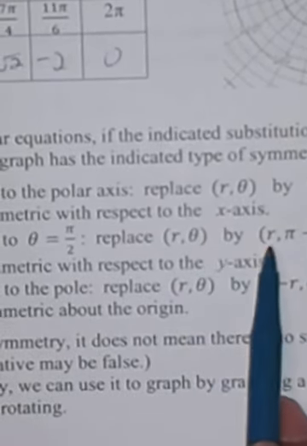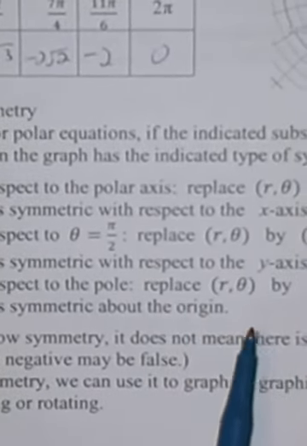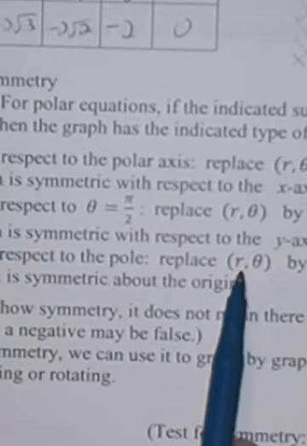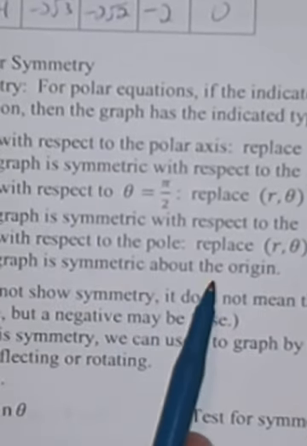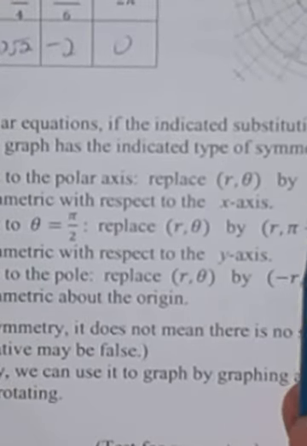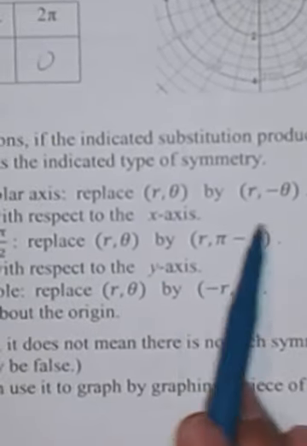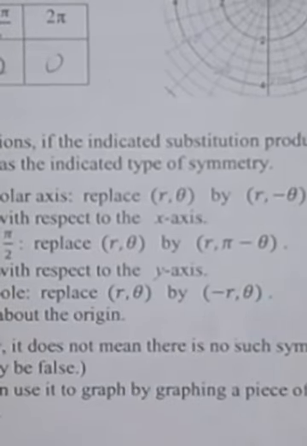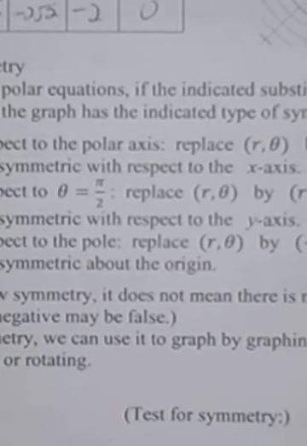If we replace (r, theta) with (r, pi minus theta), that's symmetric with respect to the y-axis. And if we replace (r, theta) with (negative r, theta) and it gives us an equivalent equation, that means there's symmetry with respect to the origin. If it does not give us an equivalent equation, that does not mean that it is not symmetric. That means that we just could not determine. We'll say it's inconclusive. Let's try a couple of these.